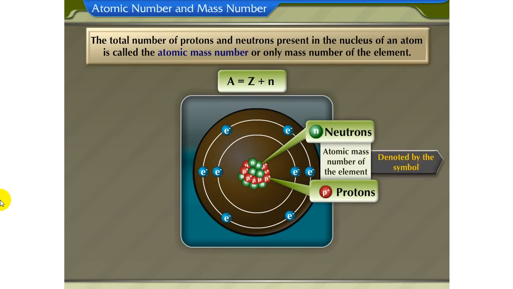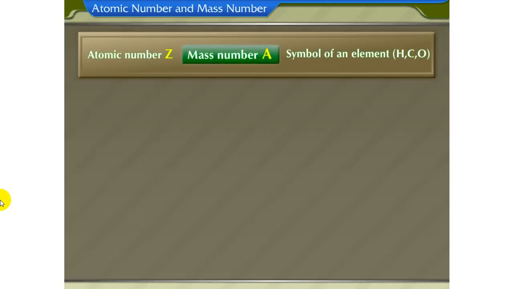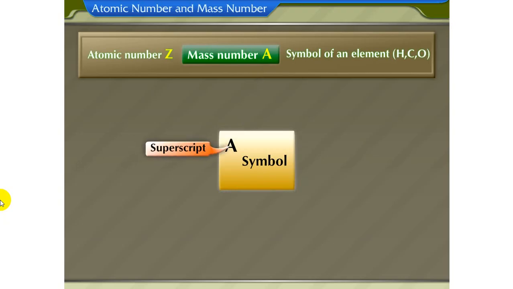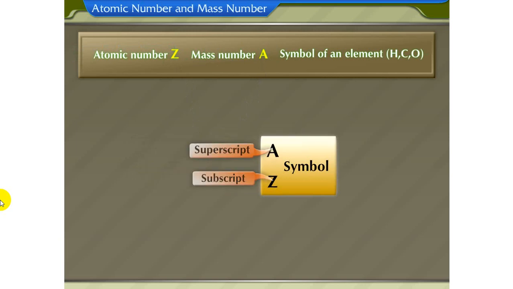It is denoted by the symbol A. The atomic number Z, the atomic mass number A, and the symbol of an element can be represented as shown. The mass number A is written as the superscript and Z is written as the subscript.